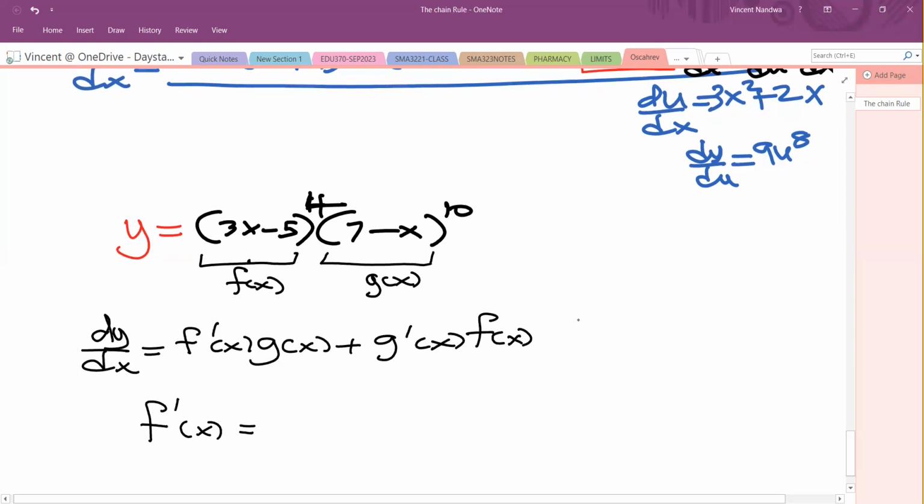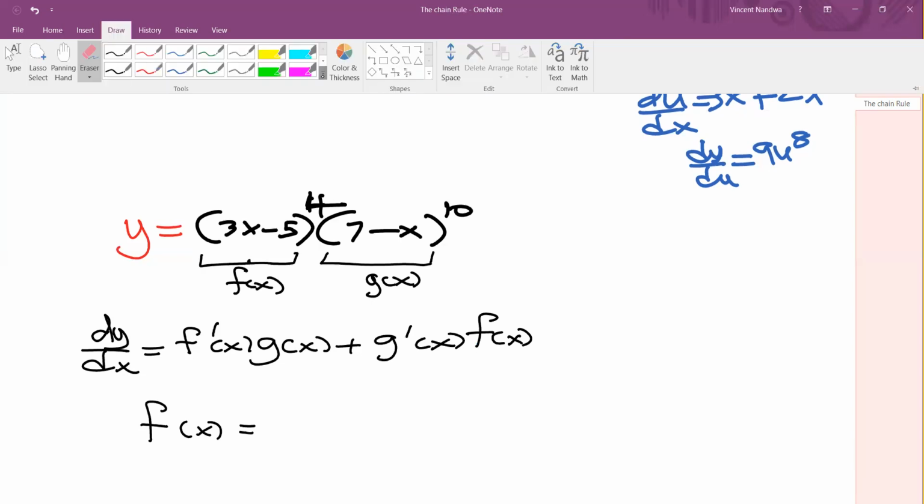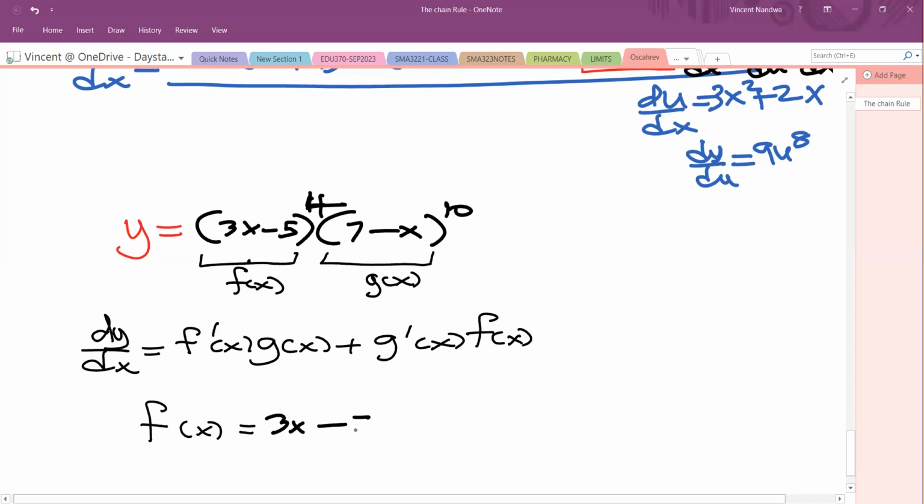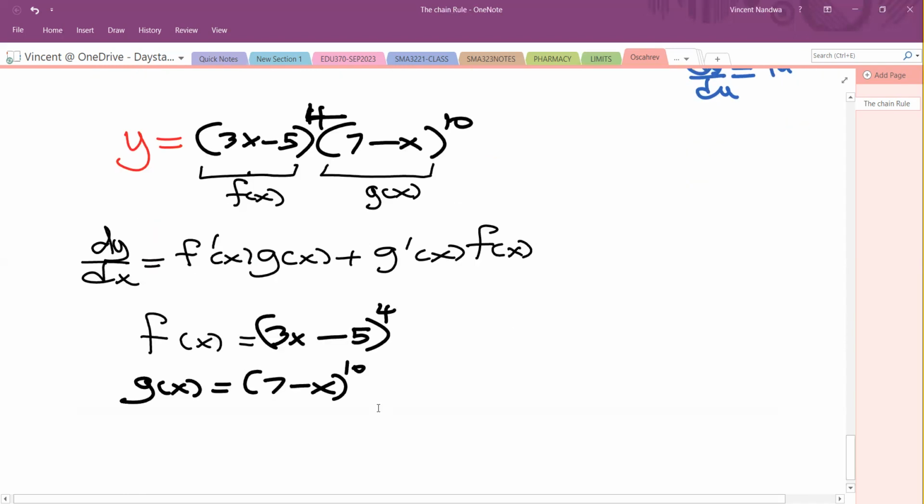So remember, let me just rewrite the function first. f alone is given by (3x minus 5) power 4, and then g of x is (7 minus x) power 10.